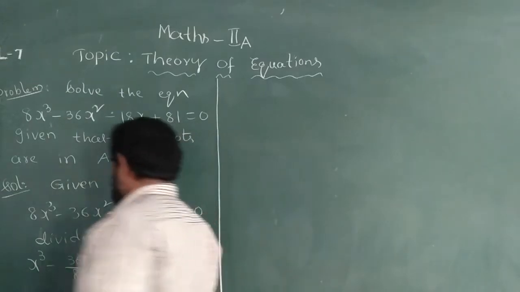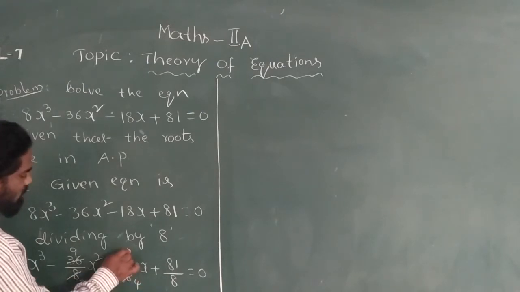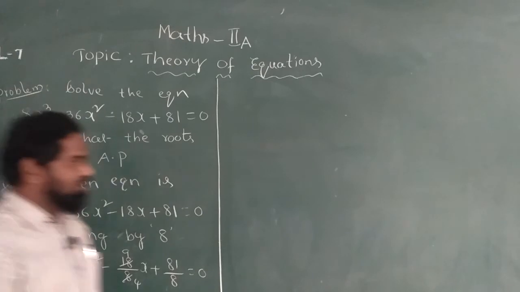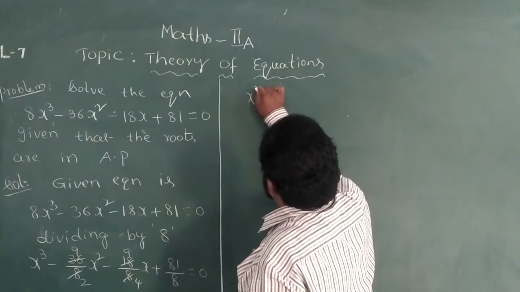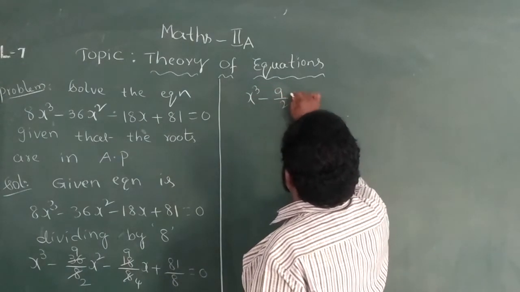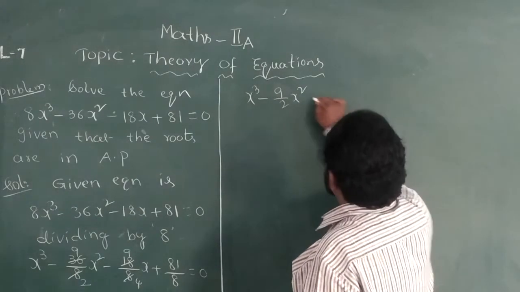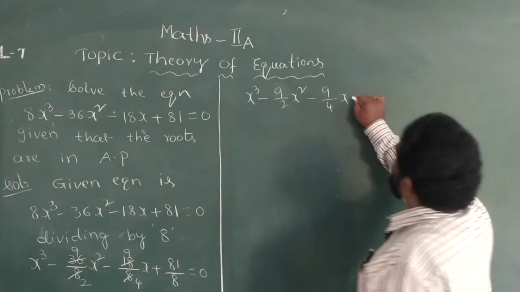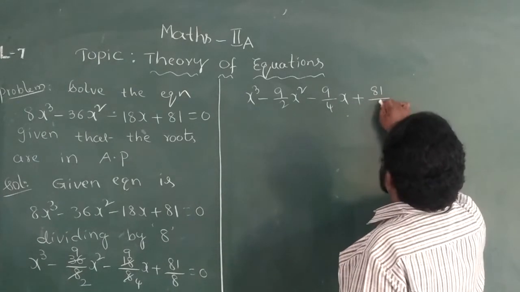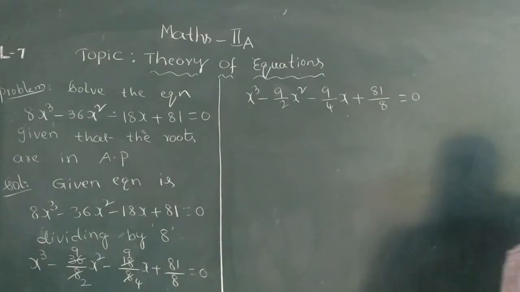Cancelling: 4 2s are 8, 4 9s are 36, 2 4s are 8, 2 9s are 18. So x cube minus 9 by 2 x square minus 9 by 4 x plus 81 by 8 equal to 0.